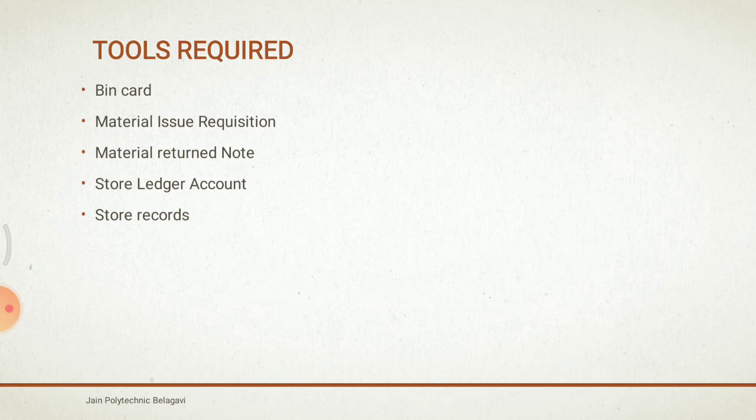For this purpose, material return notes are written out in triplicate. Two copies are sent to the storekeeper along with the returned materials. So a material return note is a slip given for whatever material is returned.